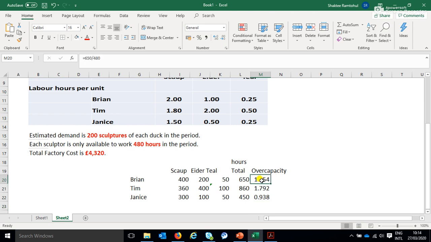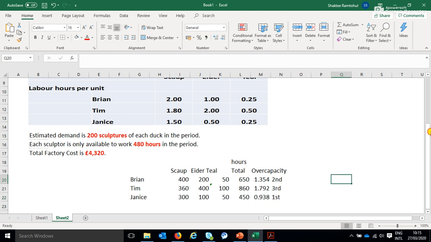Now you can convert that into a percentage, but I don't really see the point. You can already see what's happening here in terms of overcapacity. We have a problem with Tim, because this comes to 1.79. If we were to rank which worker we would prefer, or rank the order of production, we would concentrate on Janice, then Brian, finally Tim.